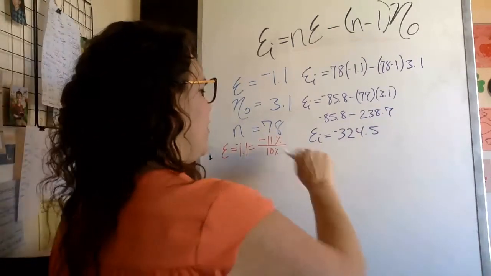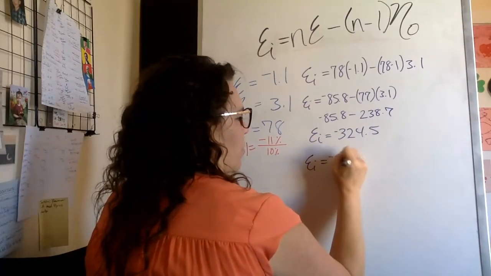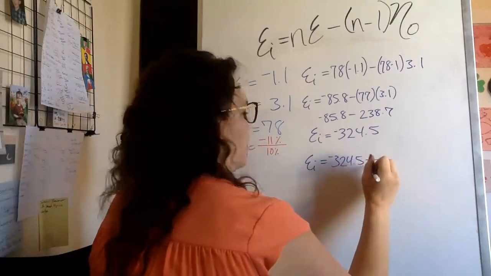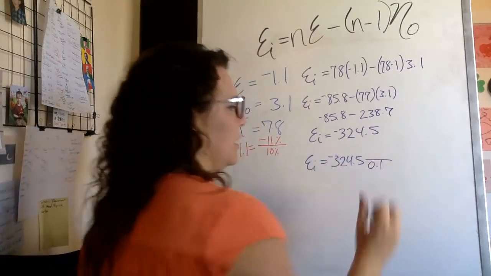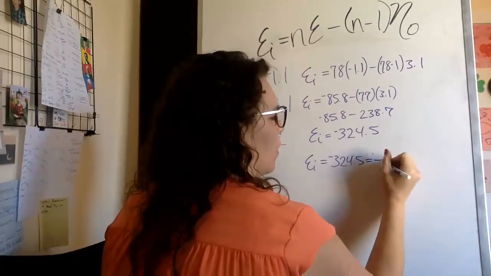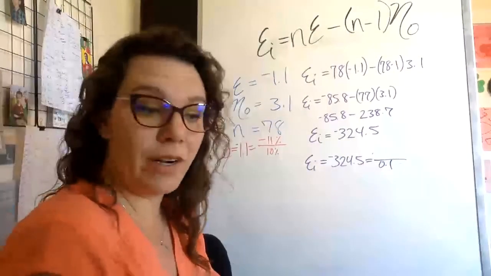For an individual firm, their elasticity is -324.5. So if they change their price by 10%, we can solve for the effect on quantity demanded.